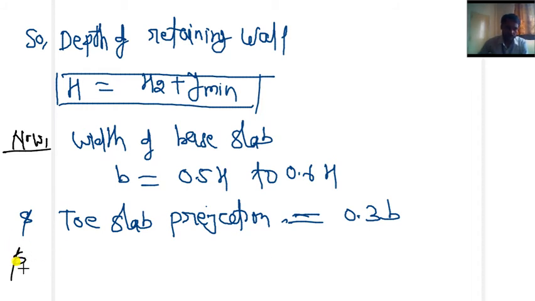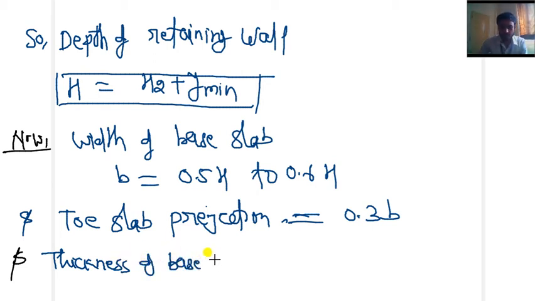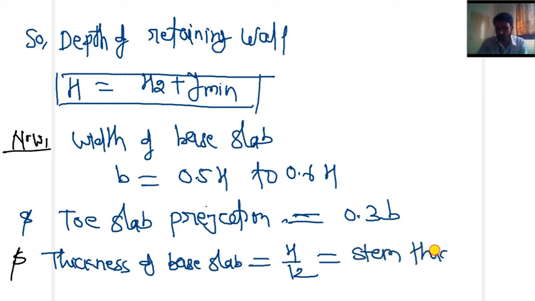And the thickness of the base slab will be equal to H by 12, and that will also be equal to the stem thickness at the base.